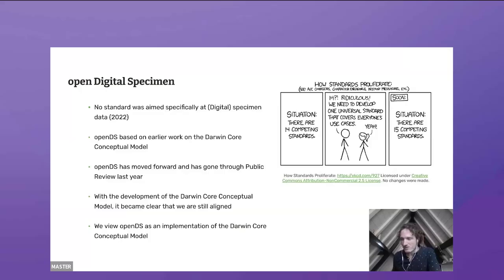After extensive discussions and review, a lot of the things that we move forward with in OpenDS are still in alignment with how the conceptual model works. We view OpenDS as a separate, specimen-specific implementation of this Darwin Core conceptual model.